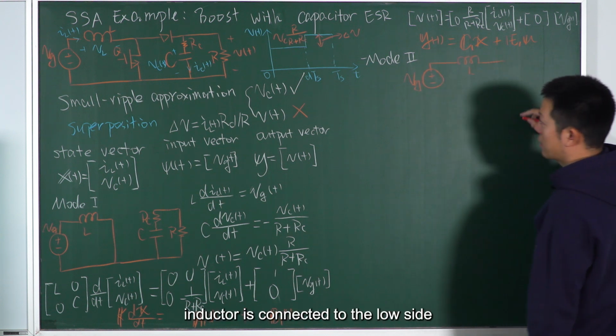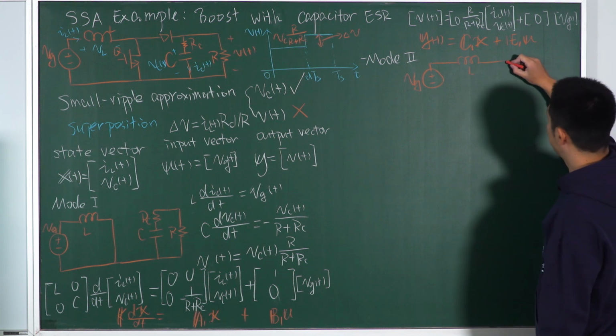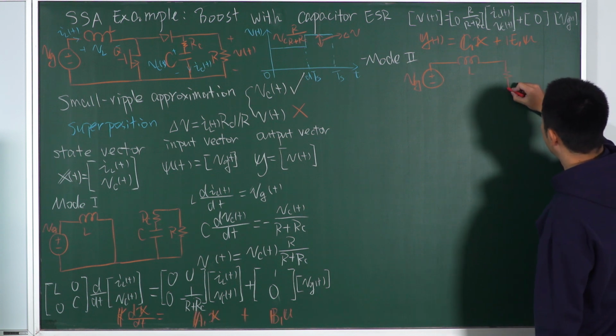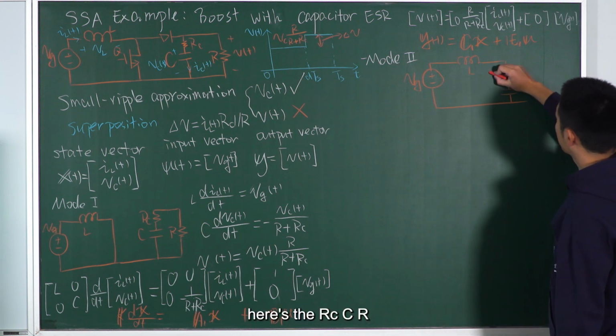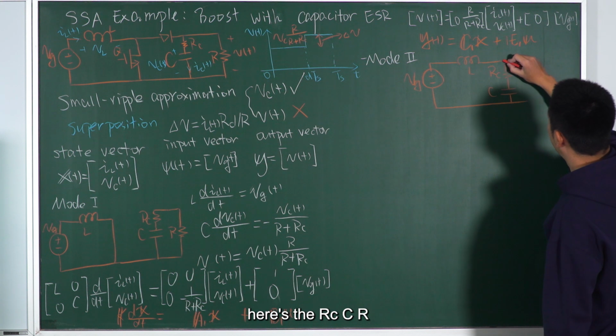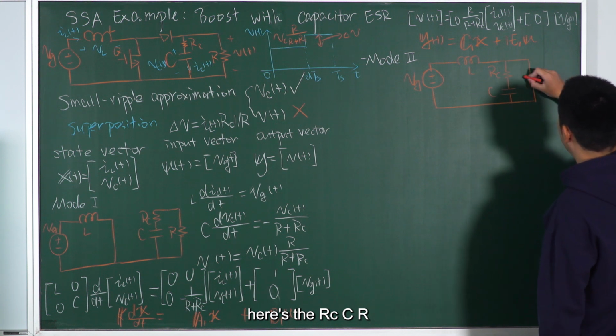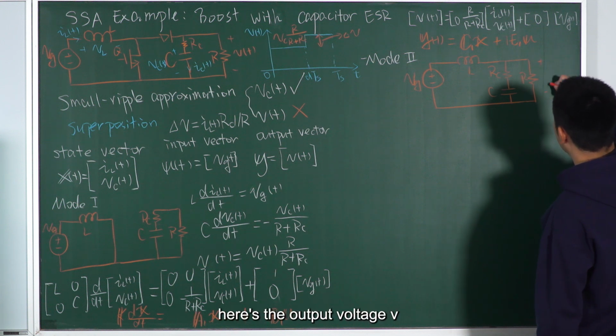The inductor is connected to the low side. Here is the RC, C, R. Here's the output voltage, Vt.